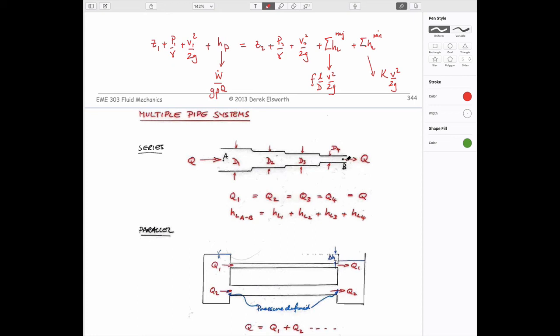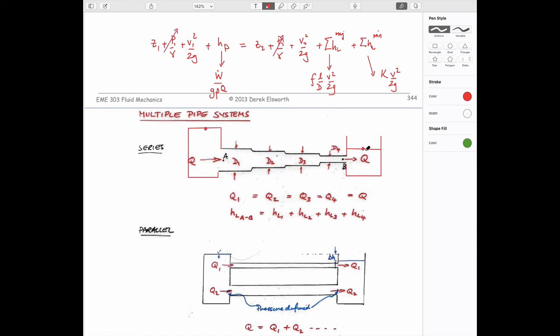It's much easier, of course, if the pipe is issuing into a big tank, because then we can write the velocities at the end as being 0. And then certainly for these points, the pressures would be 0.